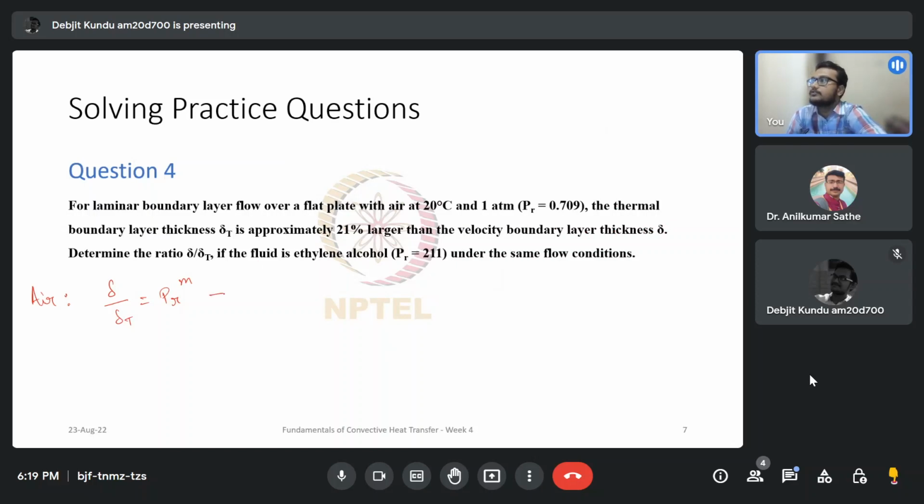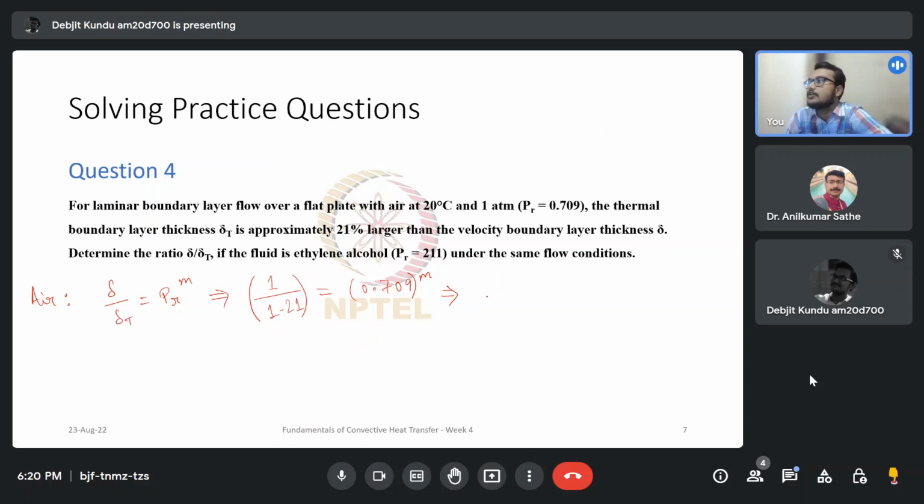So what we can do here is that we can take delta to be 1, and we know that delta T is 21% larger, so 1.21. And Prandtl number is also given, that is 0.709 to the power m for whatever flow condition. We do not know the flow condition, but we can find this value of m from the other given data.